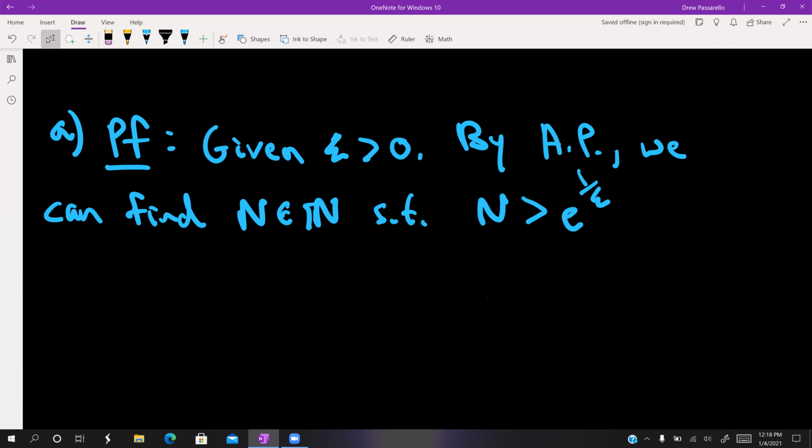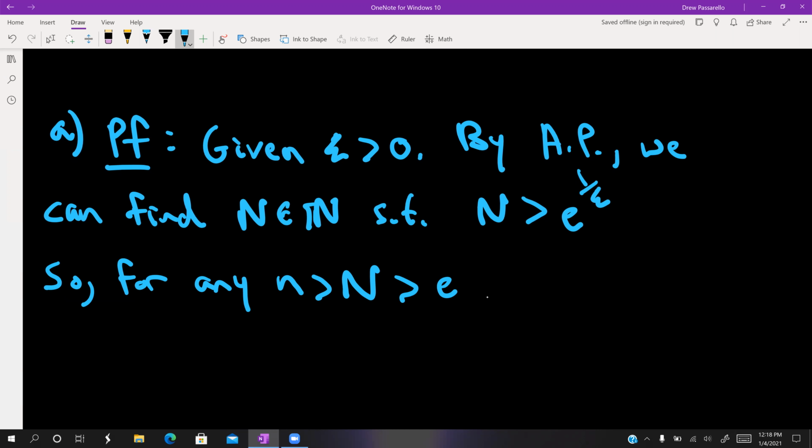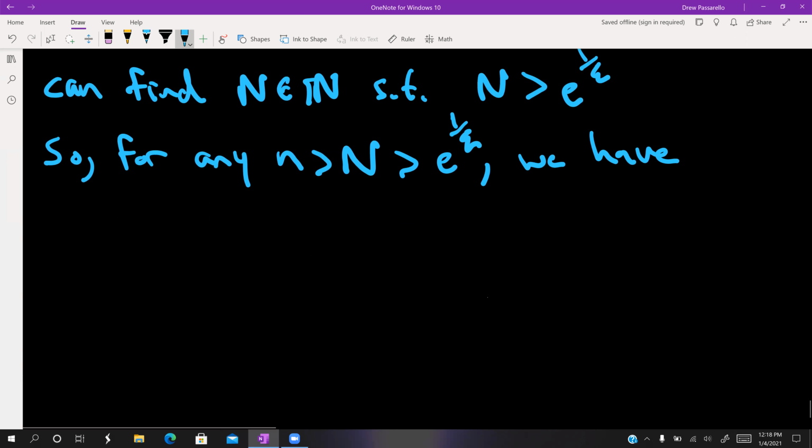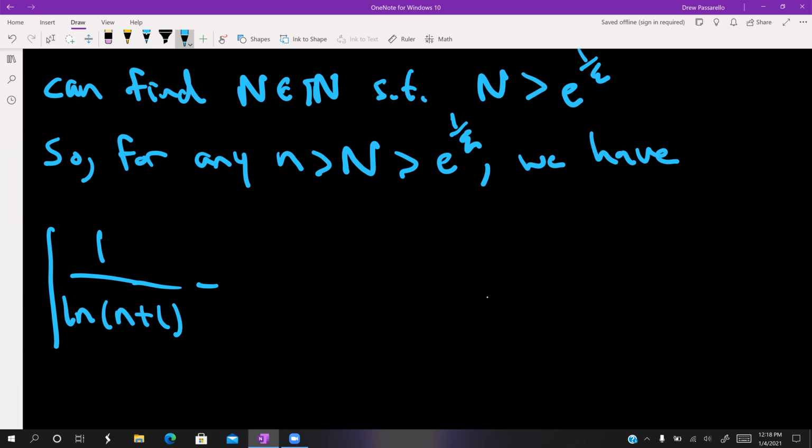So for all little n bigger than capital N, which is bigger than e raised to the 1 over epsilon, we have the absolute value of 1 over the natural log of n plus 1 minus 0, because that's what we're saying it converges to, and that's just equal to the absolute value of 1 over the natural log of n plus 1.